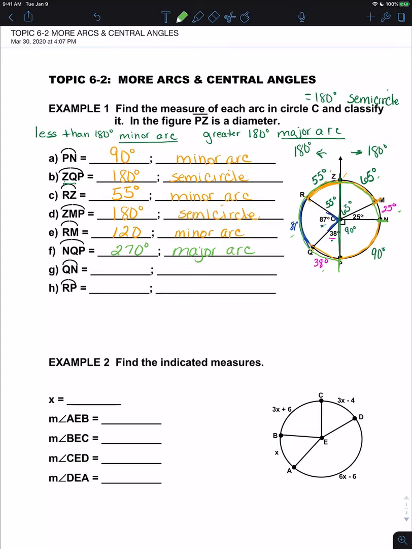All right, Q to N, so that's going from here, Q to N, so it's going to be your 38 plus 90, which gives us 128 degrees, and that is a minor arc.